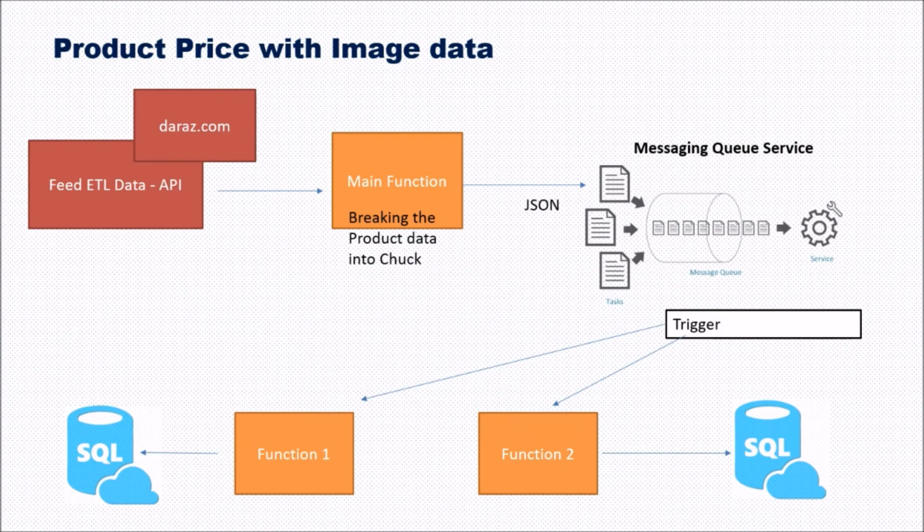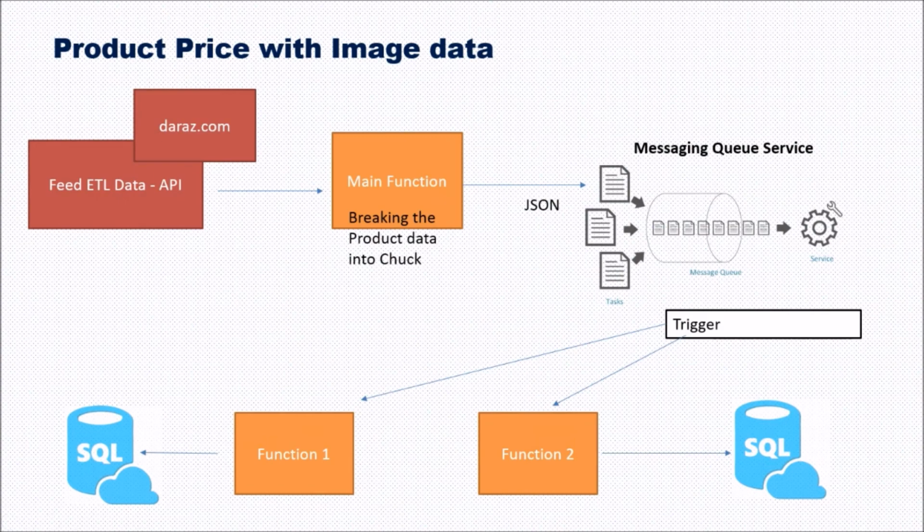There might be a feed handler, which means the API or the flat file. From that handler, you get all the products, and after chunking those products, we send them to the messaging queue.